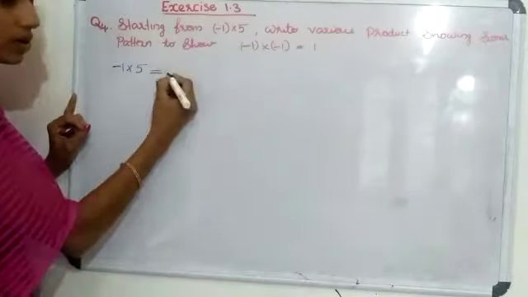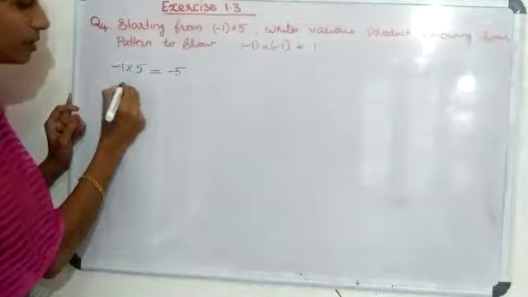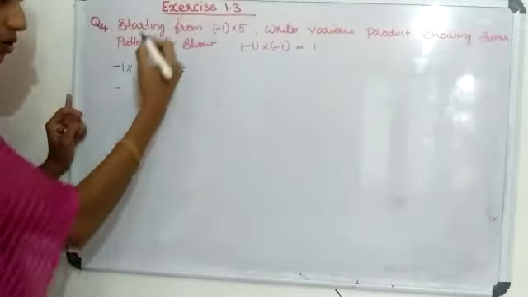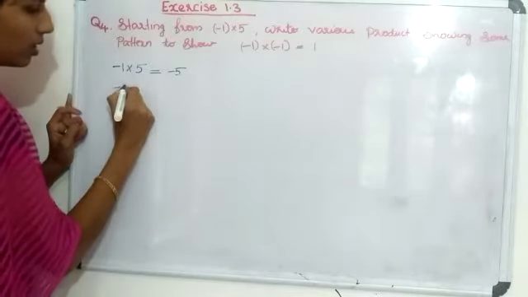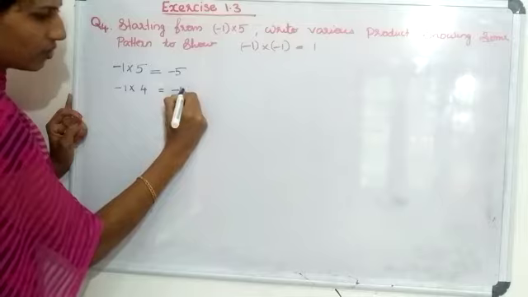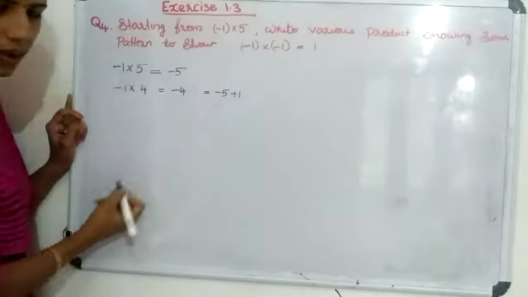What is minus 1 into 5? It is minus 5. Next, we need to reach minus 1 into minus 1 is 1. So we have to write down the pattern. Minus 1 into 4 is equal to minus 4. This is equal to minus 5 plus 1, right?